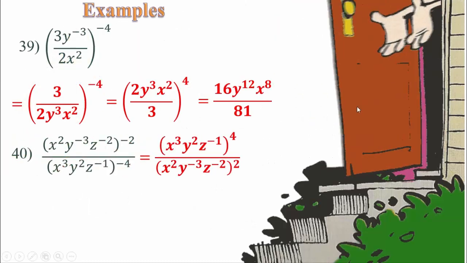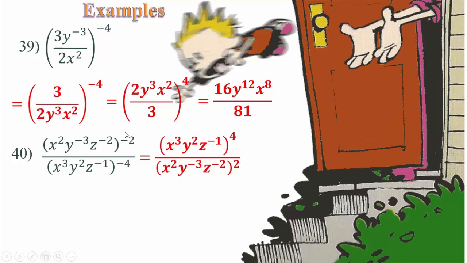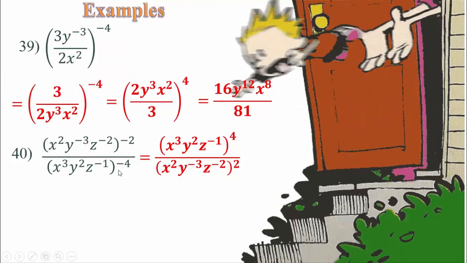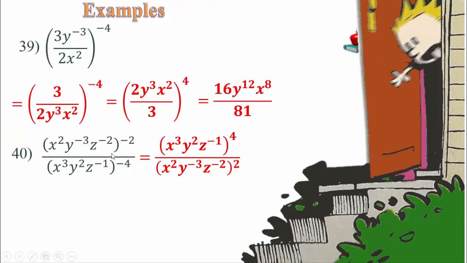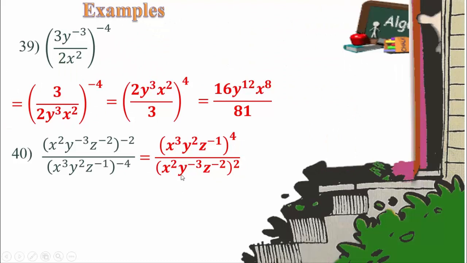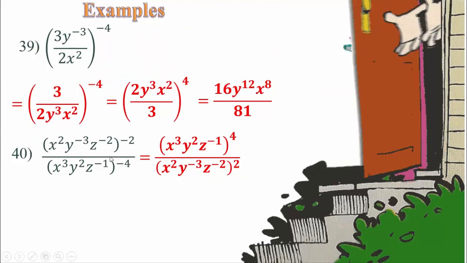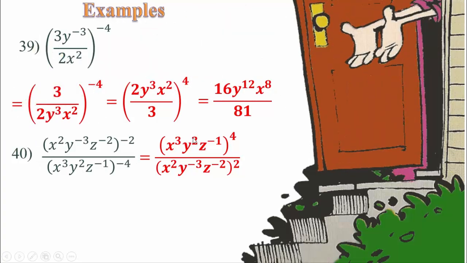Summarizing example number 40. So here, as you noticed, in this case, I did the negative exponents first, taking this entire expression and putting it on the bottom, and then making it positive, and taking this entire expression here and putting it on top and making it positive.